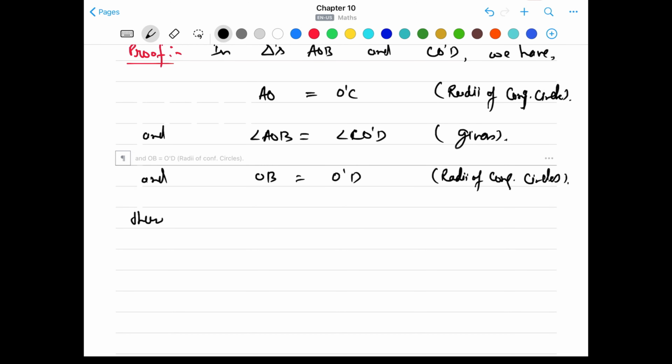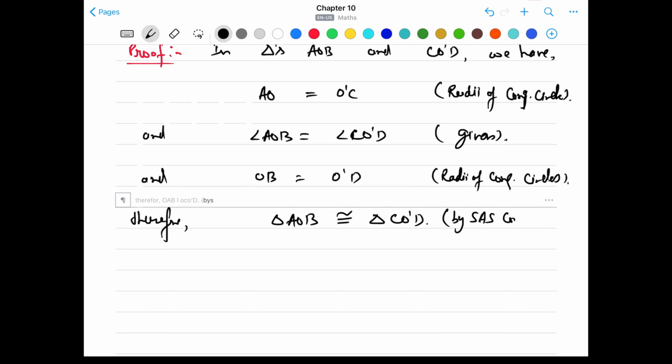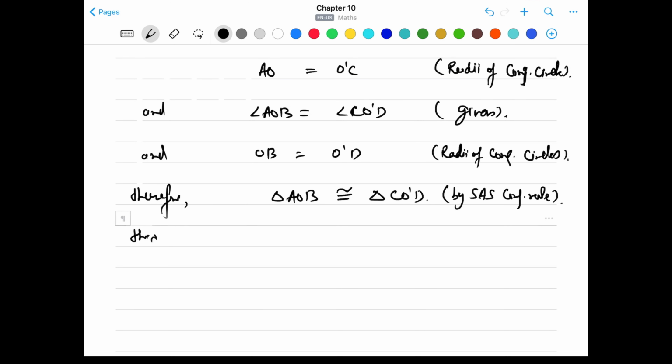So with this, therefore, triangle AOB will be congruent to triangle CO'D. This is by the side angle side congruence rule. And this implies that the chord AB will be equal to CD because they are corresponding parts of congruent triangles, that is, this is by CPCT.